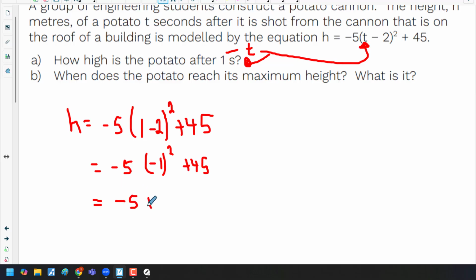So that's going to be -5 plus 45. Final answer is 40 meters. After 1 second, the height of the potato is 40 meters.